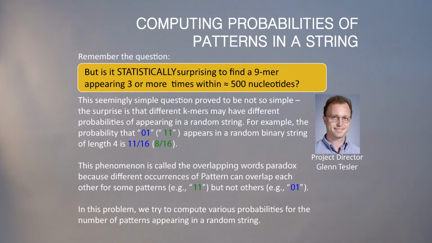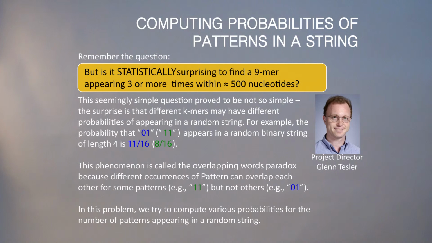And our last problem relates to the question that we asked at the beginning of the course, but never answered. Remember, we asked, is it statistically surprising to find a 9-mer appearing 3 or more times within a random text consisting of 500 nucleotides? This seemingly simple problem turns out to be surprisingly difficult.